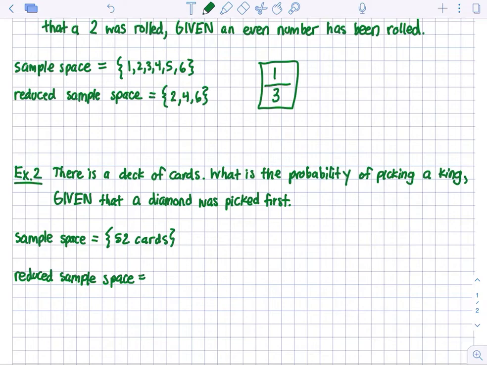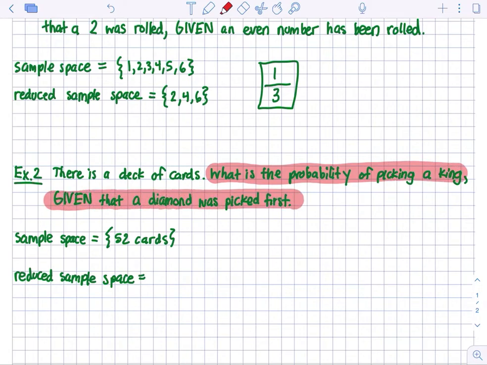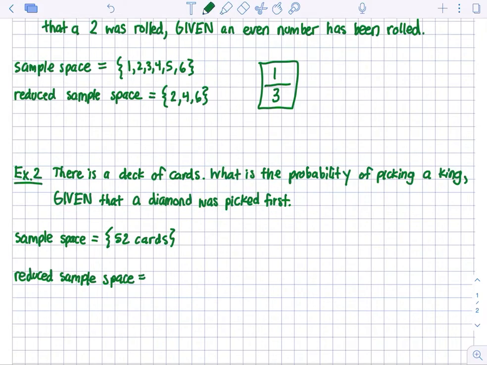Let's continue reading. What is the probability of picking a king given that a diamond was picked first? So it says a diamond was picked first, which automatically restricts our sample space to only diamonds.